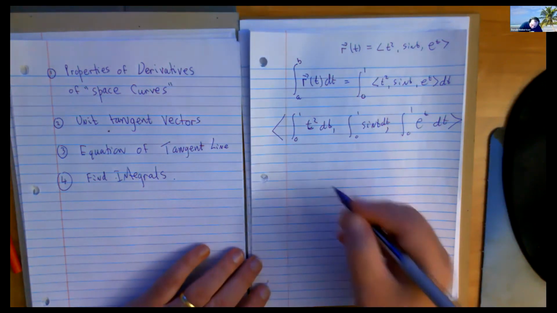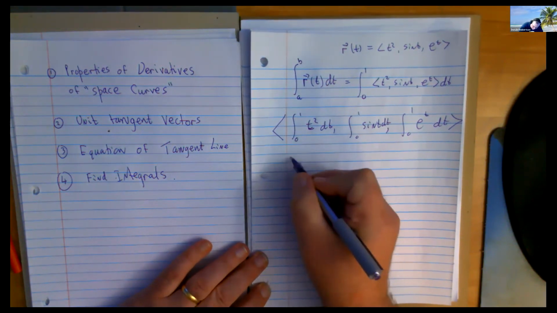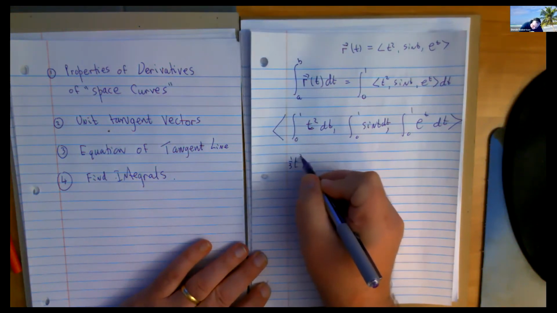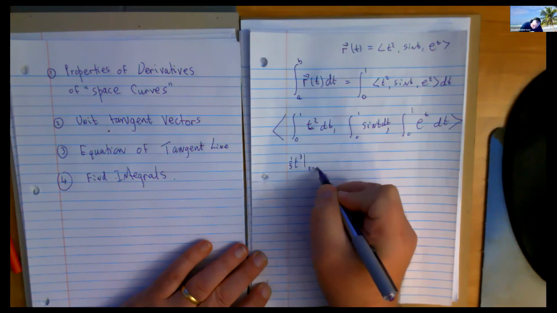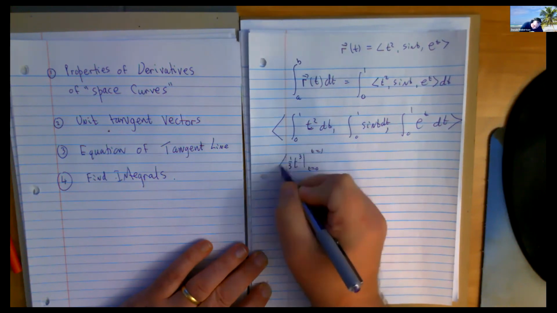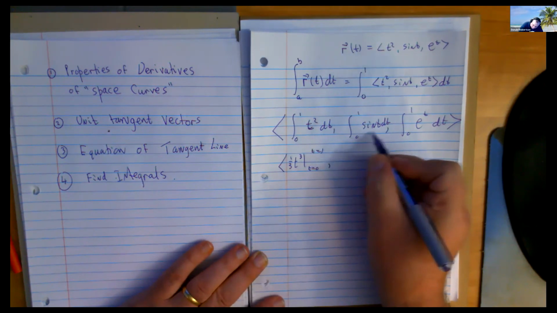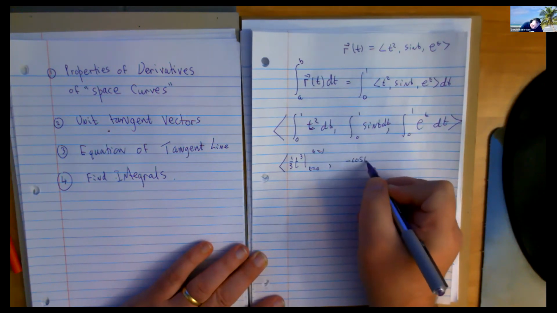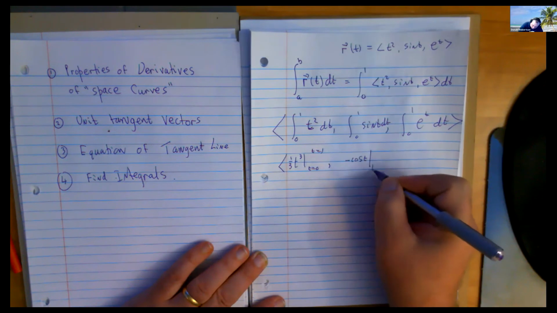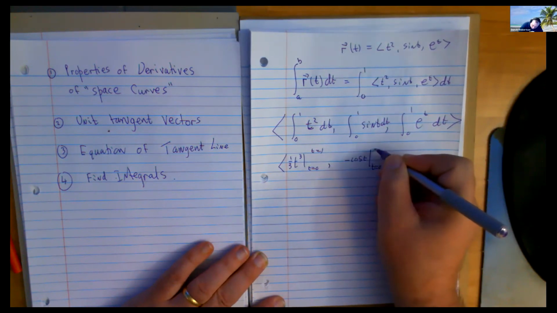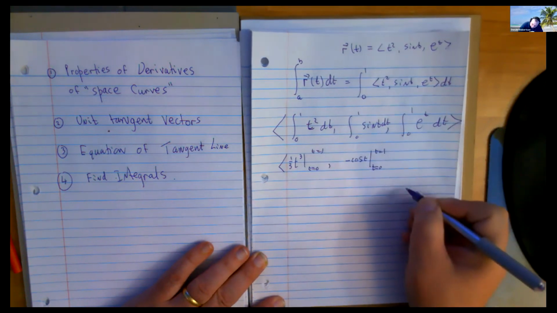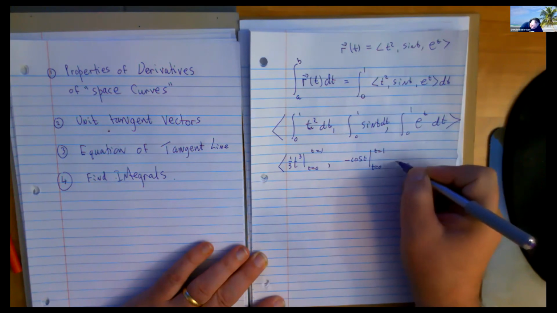So let's see what this fella looks like. This guy is 1/3 t cubed evaluated at t equals 0 to t equals 1. This middle one is negative cosine of t evaluated at t equals 0 to t equals 1. And this last guy at the end is what?